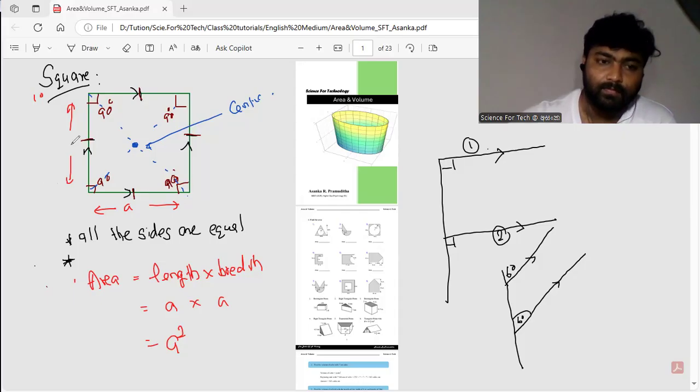Then you can mark each and every property in your figure. Do it.